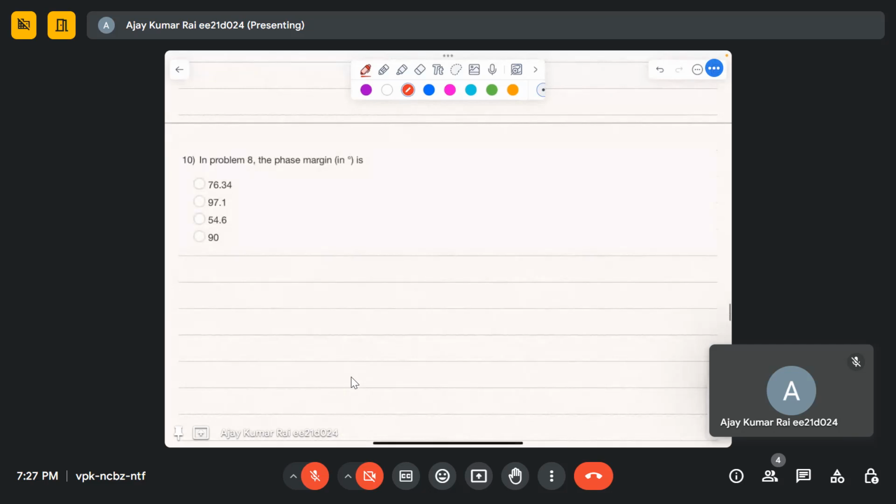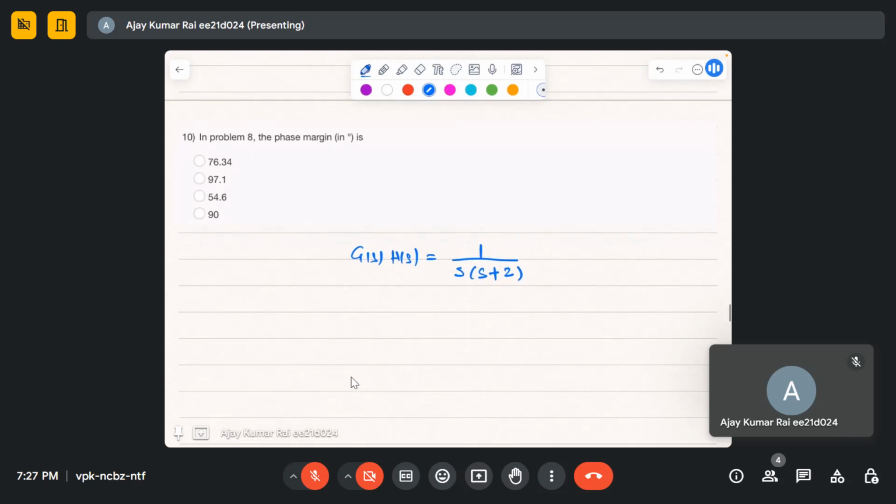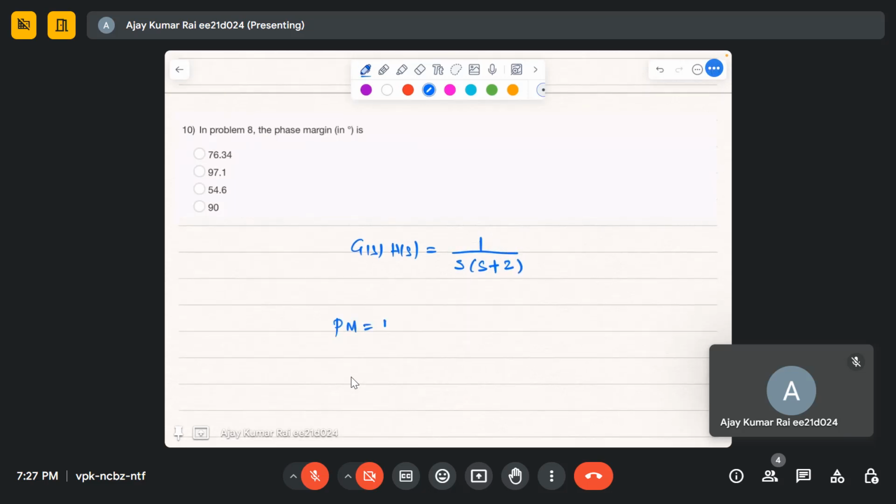In problem 8, the open loop transfer function is the same, 1 by s into s plus 2. The phase margin is 180 degrees plus the phase of the open loop transfer function at the gain crossover frequency.